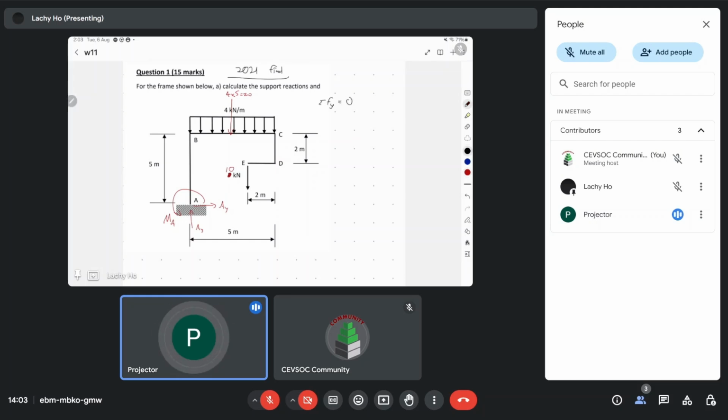If we do the sum of the forces in the y direction, we have AY going up, 20 going down, and this P value here going up, so we have 30. Then the sum of the forces in the x direction equals 0, so AX equals 0, because there's nothing in the x direction.